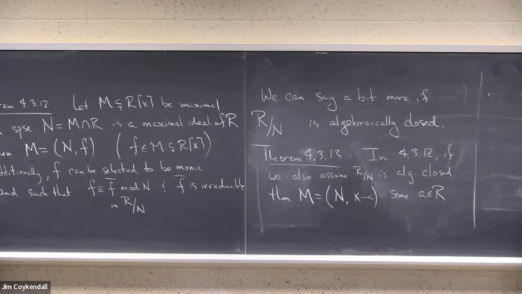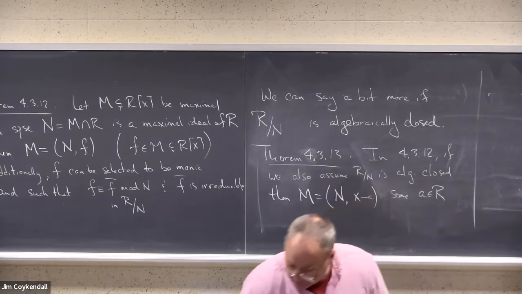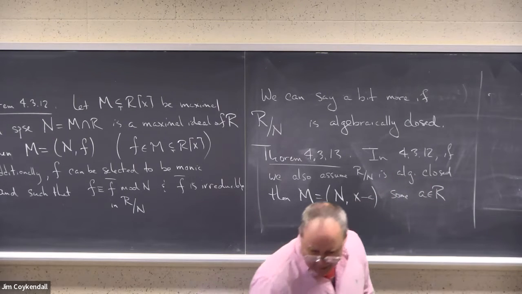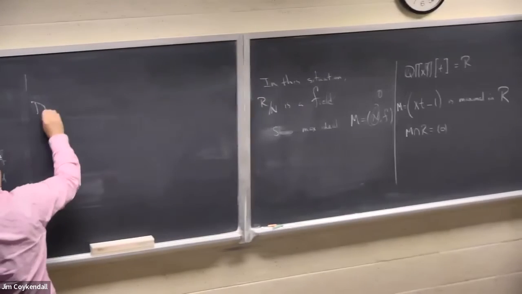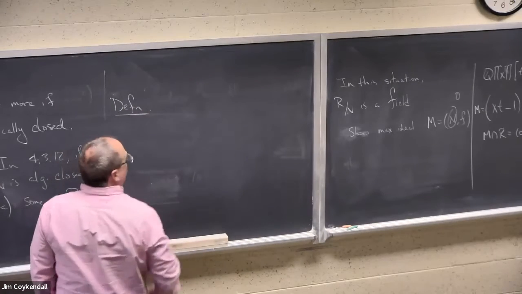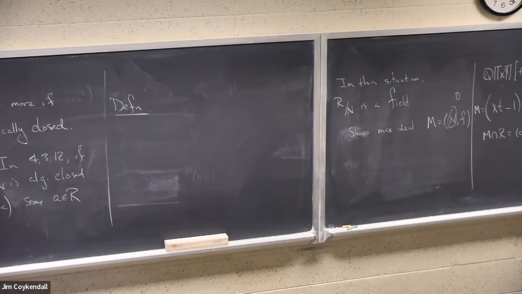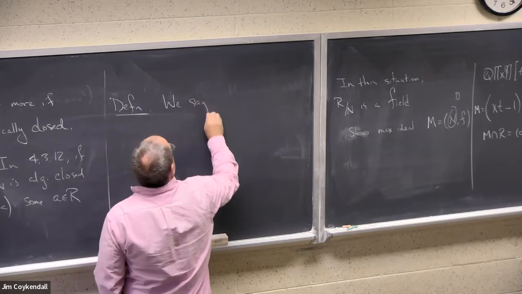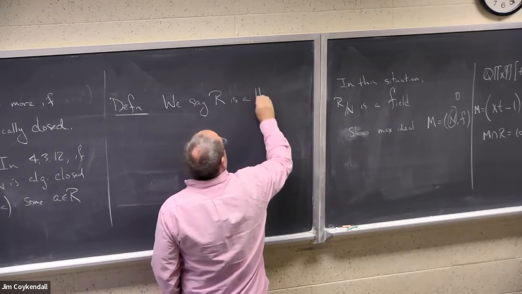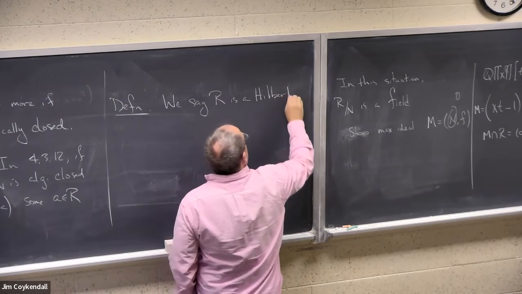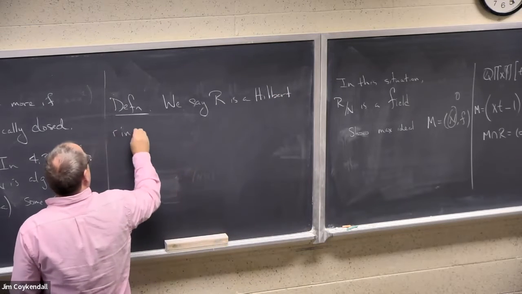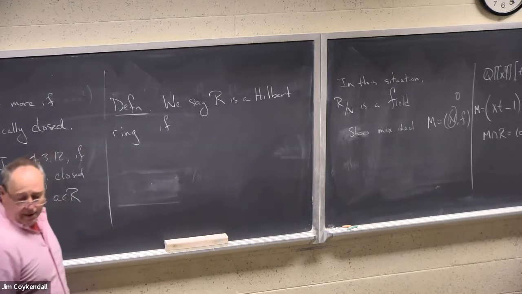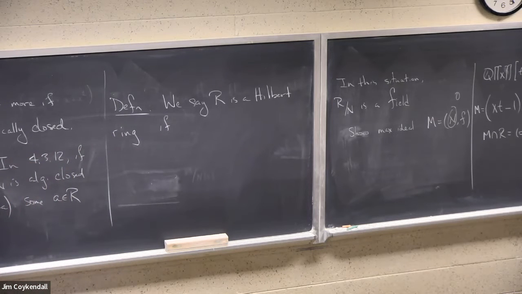So maximal implies G-ideal. What if all G-ideals are maximal? If that is the case, which it isn't always, we can say a bit more. And we will define this useful class of ring. We're going to prove some stuff to kind of finish off the build-up to the Nullstellensatz. We say that R is a Hilbert ring if every G-ideal is maximal.